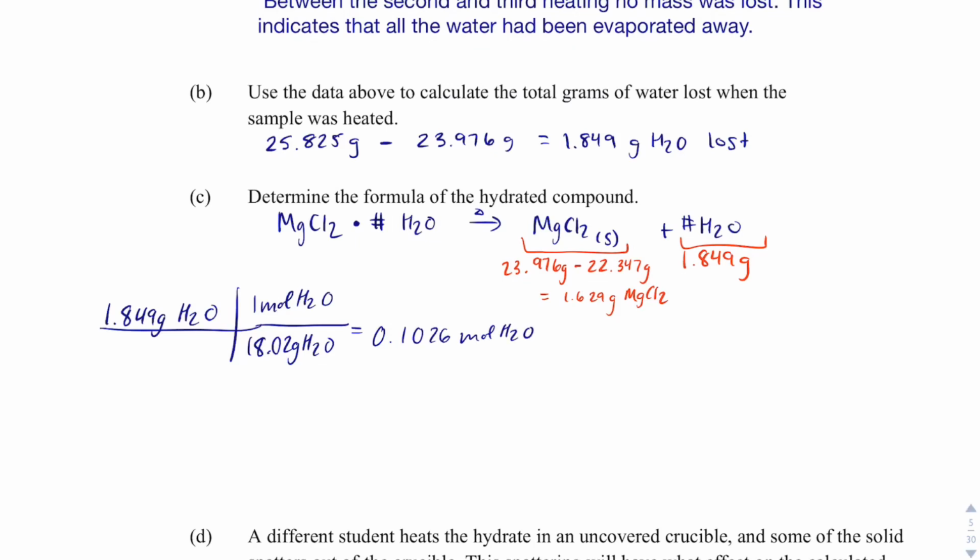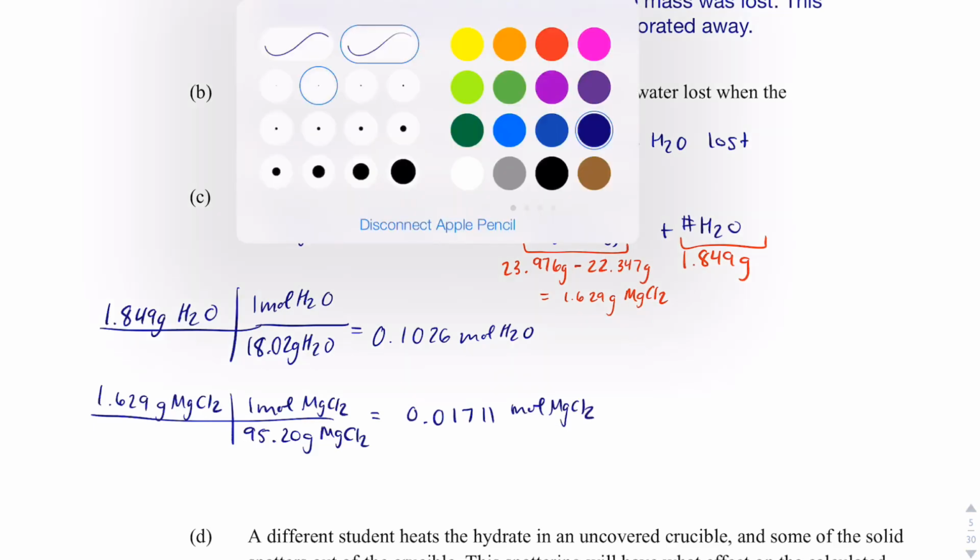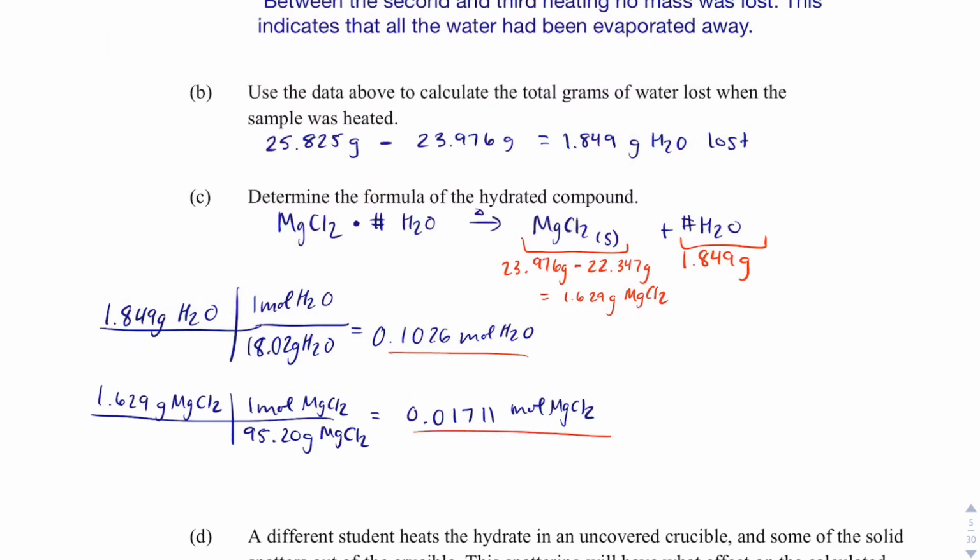Then I'm going to take 1.629 grams of MgCl2. There are 95.20 grams of MgCl2 for every 1 mole of MgCl2. It's going to give me 0.01711 moles of MgCl2. And then I need to divide by the smallest, which should always be my anhydrate.